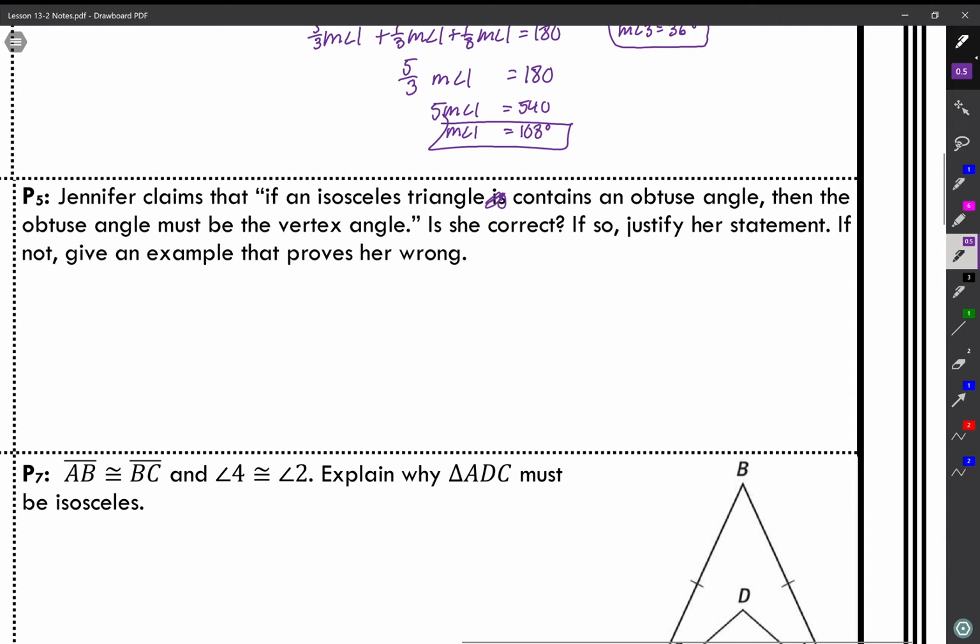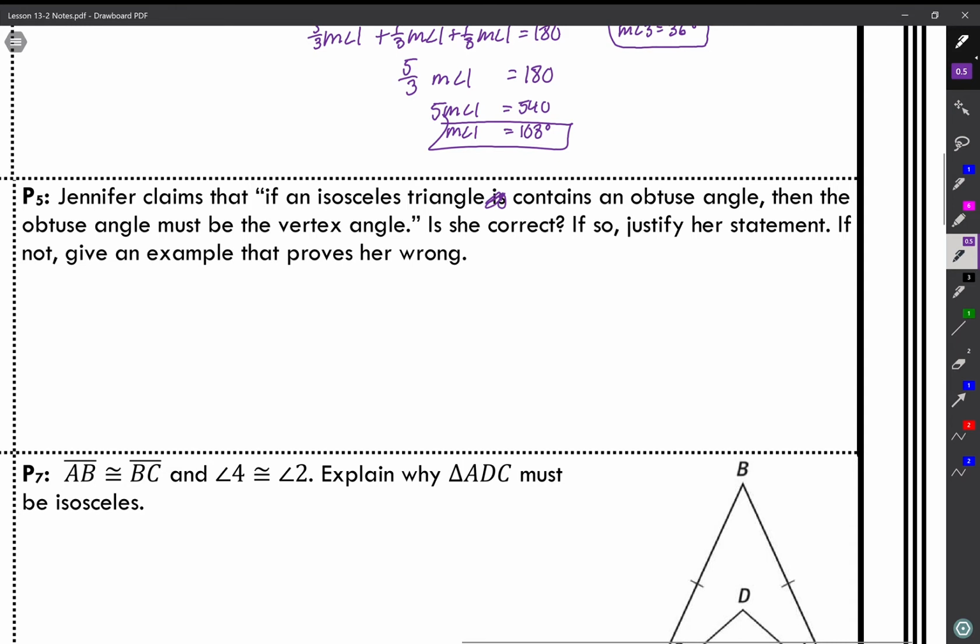Okay, no, actually, let's do this. Let's assume that the obtuse angles are the base angles instead of the vertex. That means we would have two base angles, two obtuse angles.